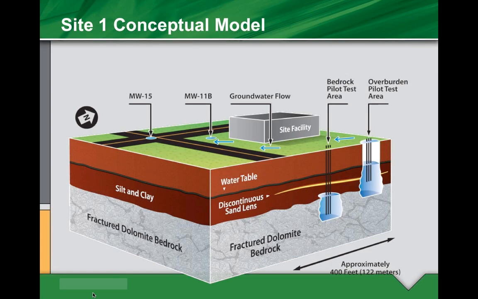You can see the groundwater flow arrows moving across the top, and then that down gradient bedrock monitor well 11B that I pointed out on the previous slide. You can also see the elevation of the water table and depictions of the overburden with a sand lens and then the dolomite bedrock.